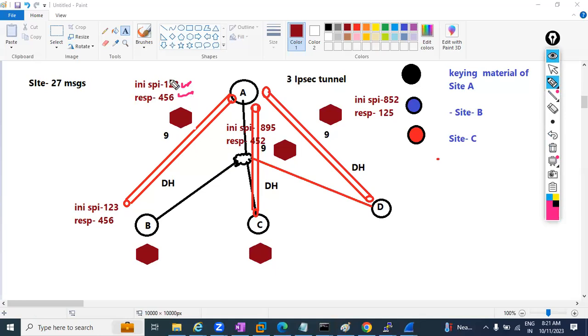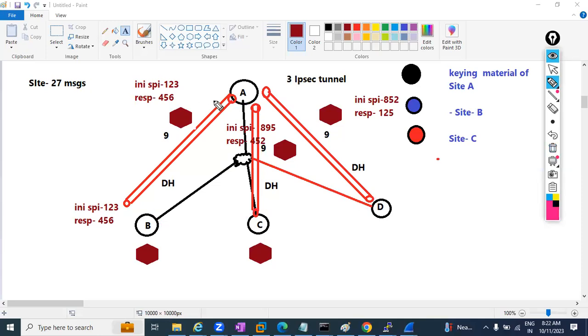So obviously, the SPI values of two tunnels cannot be the same. That would always be different. The reason is that the source can be the same, but each and every tunnel has a different destination. So definitely the same SPI cannot be possible.